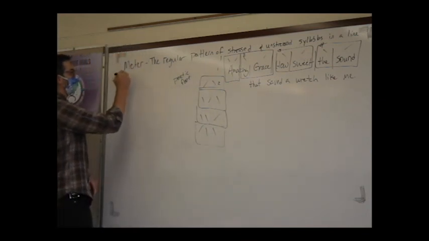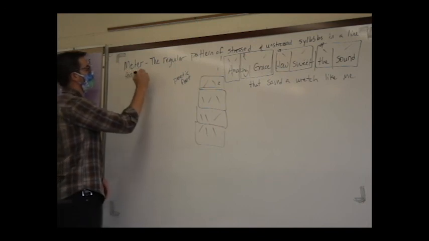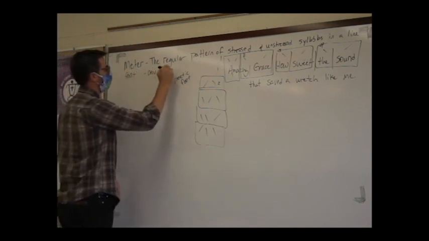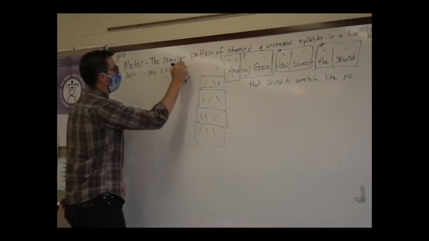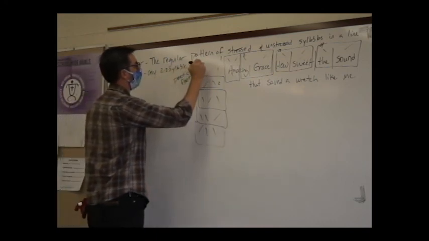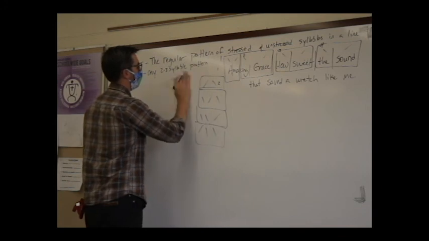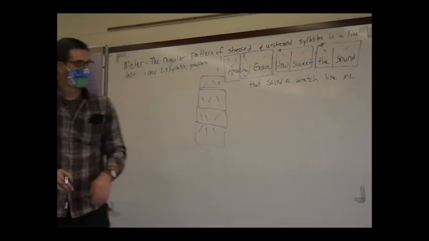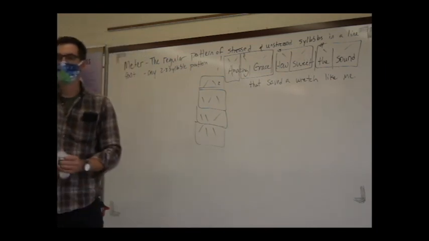So far we have a foot, which is any 2 to 3 syllable pattern, and then it's just repeated, right? So that's the idea, is it's repeated. That is a poetic foot.